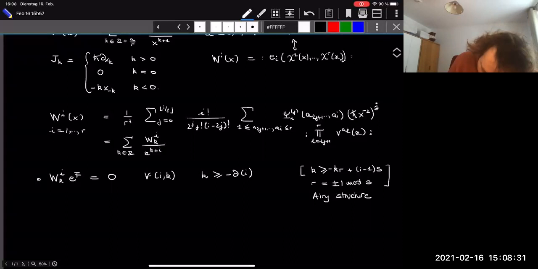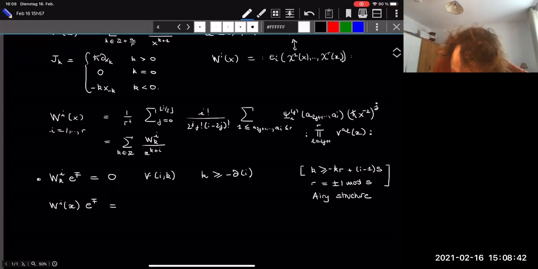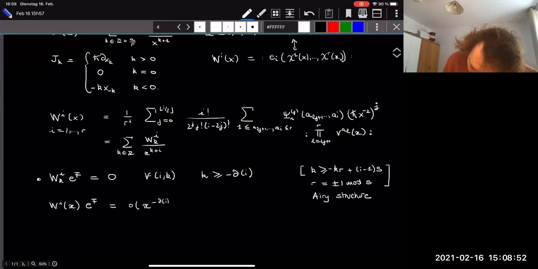So I can rewrite that by saying that W_i(x) acting on exponential of f. So you see, you have to have k which is big enough to have a constraint. That means that this is going to be a small o of x to the minus d_i.